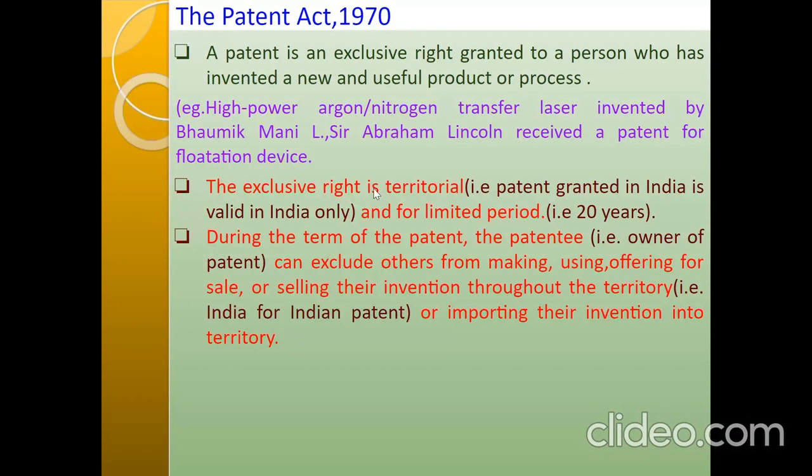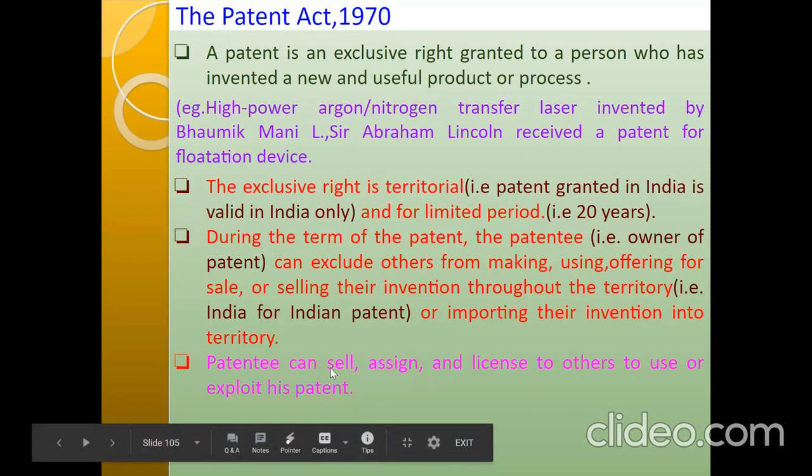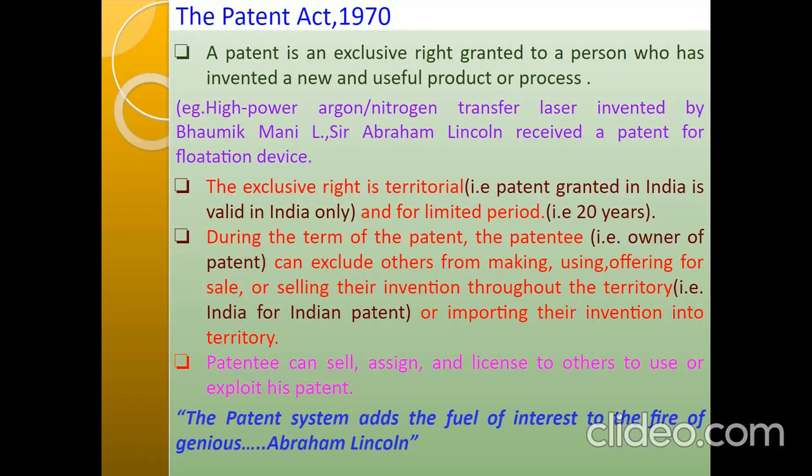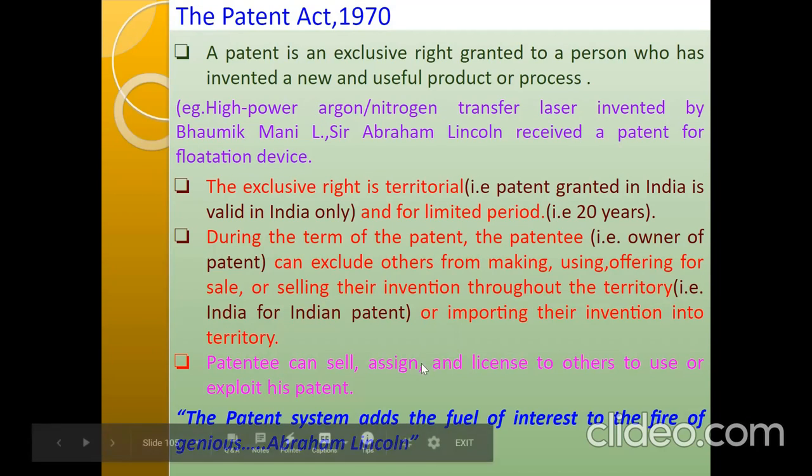So it is an exclusive right, it is territorial. The patentee can sell, assign and license to others to use or exploit his patent. So all are included in the Patent Act 1970. The patent system adds the fuel of interest to the fire of genius, as said by Abraham Lincoln.